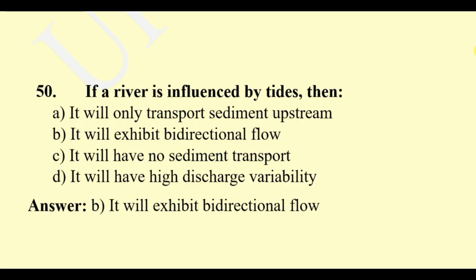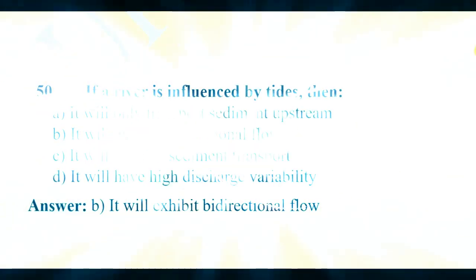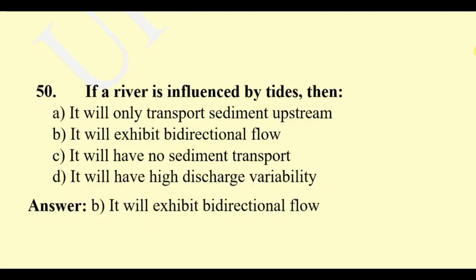It will exhibit bidirectional flow, means one direction is river towards ocean and one direction will be ocean towards river. At the high tide there will be ocean towards the river, and at the time of low tide or ebb tide the direction will be river towards the ocean.